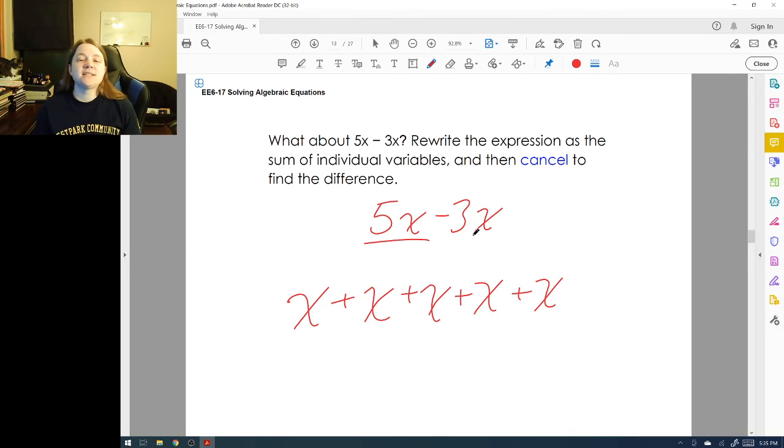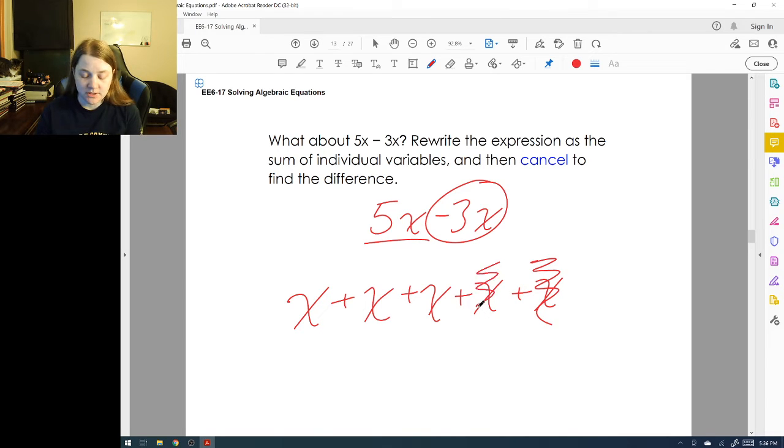And now this says minus 3x. I need to pay attention to that subtraction sign. Minus 3x means I'm going to take 3 x's away. So this is going to go away, this is going to go away, this is going to go away. How many x's are left? That's just going to be 2 x's.